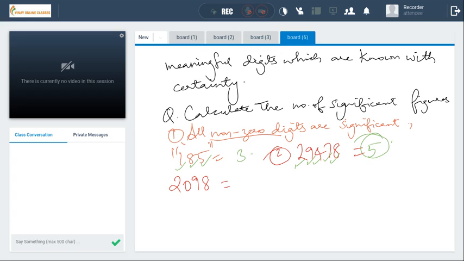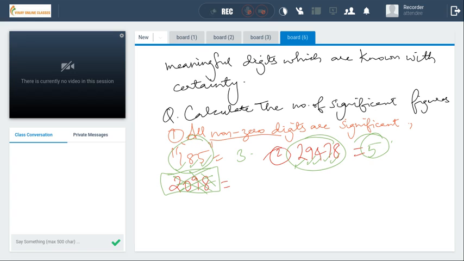I have to count the number of significant figures, but okay, this comes under the next part. You don't have to think about it now, I'll tell you. Leave this for now. So all non-zero digits are significant.